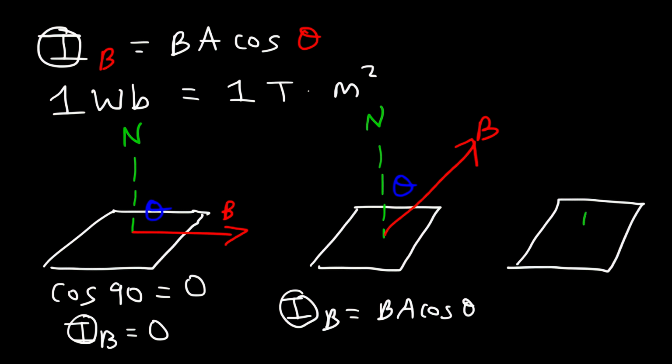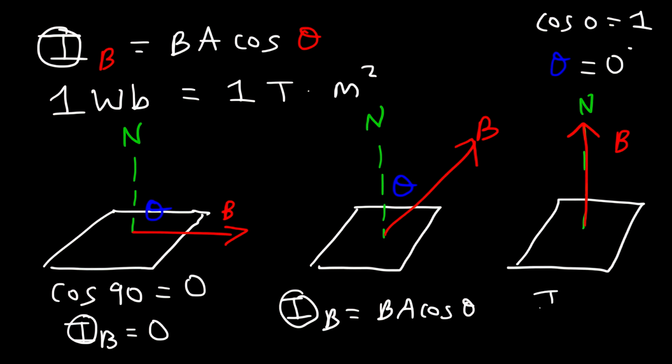Now the last case is if the magnetic field is parallel to the normal line. So the magnetic field is perpendicular to the plane of the coil. So in this case, the angle theta is 0. And cosine 0 is equal to 1. So the flux is simply equal to B times A.